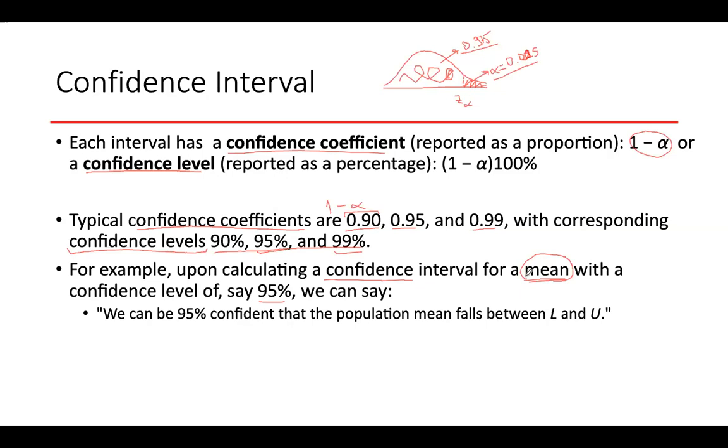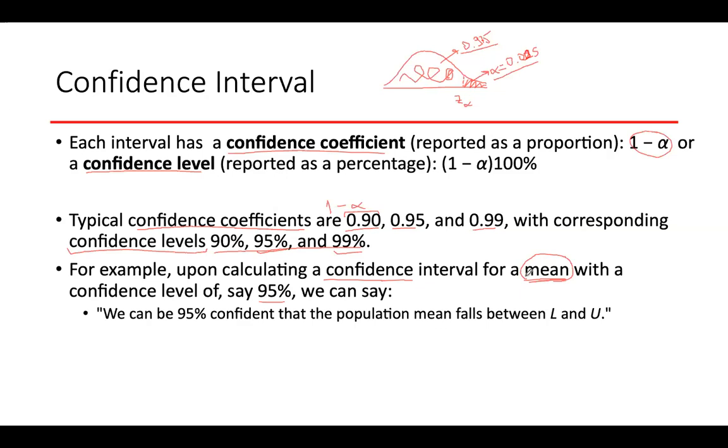How will I do it? I will come up with a confidence interval. I will tell you an interval in which I will say I am 95% confident that the population mean falls between this lower bound and upper bound, lower value and upper value.